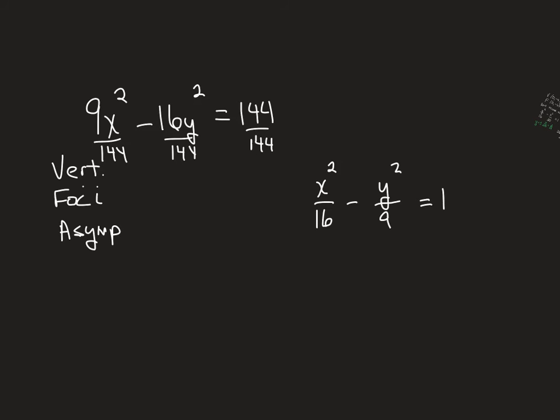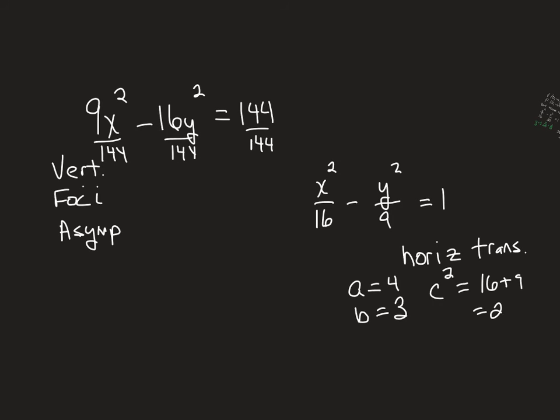This is going to be a horizontal transverse axis because the x squared is first. So a squared is 16, so a is 4. b is 3. So c squared is 16 plus 9, which is 25.